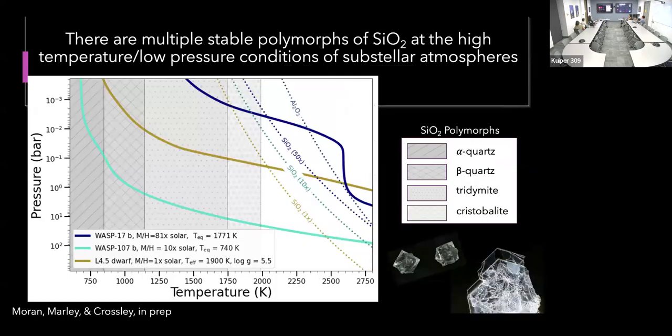I've basically given it exactly as much thought as you have right now. I've pointed it out and thought, that's interesting, but I haven't done even a back of the envelope calculation, because again, you are forming it so very deep. At least, if you believe this particular pressure temperature profile that is just taken from the paper, assuming a 10 times solar atmosphere, this is the condensation curve, and that's happening.